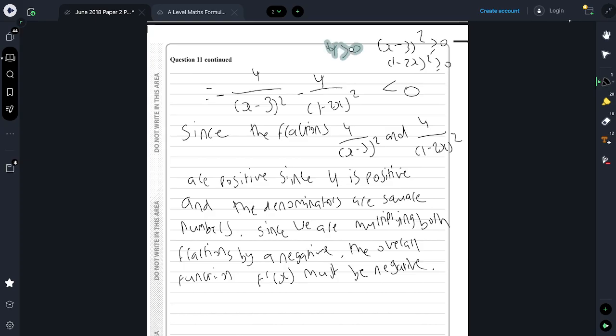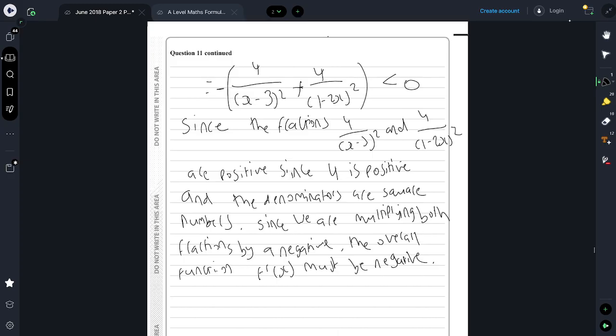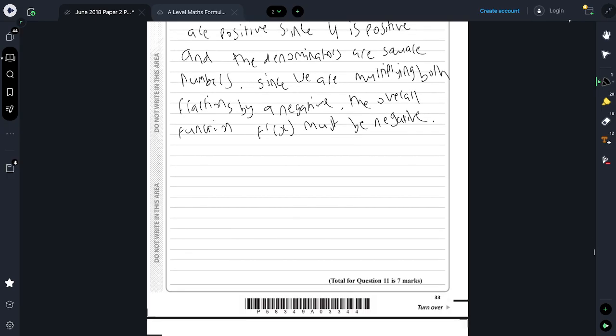So you can phrase it however, as long as you get the idea that you recognize each of these parts is positive and it's overall negative. You can make this even clearer by factoring a negative out, and then this whole bit has to be positive, but it's times the negative. Okay, so hopefully it makes sense.